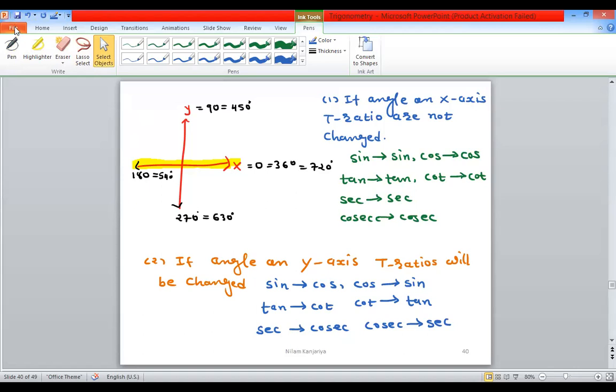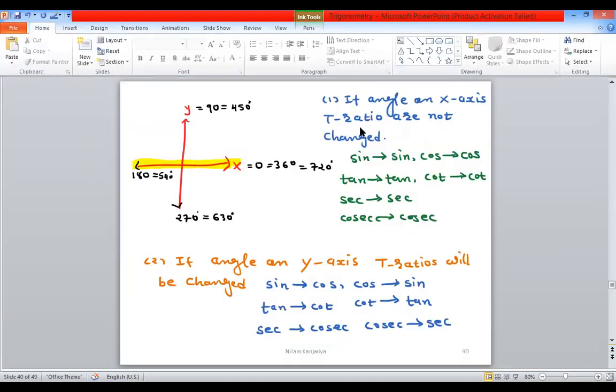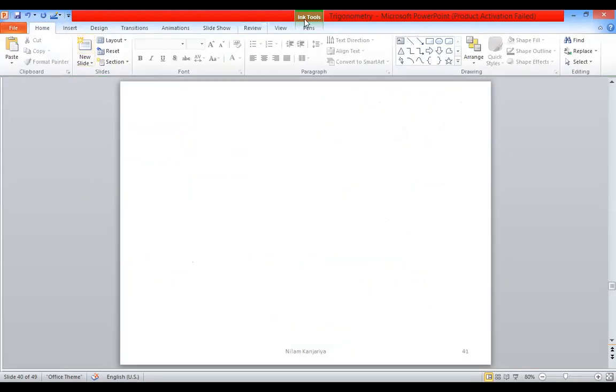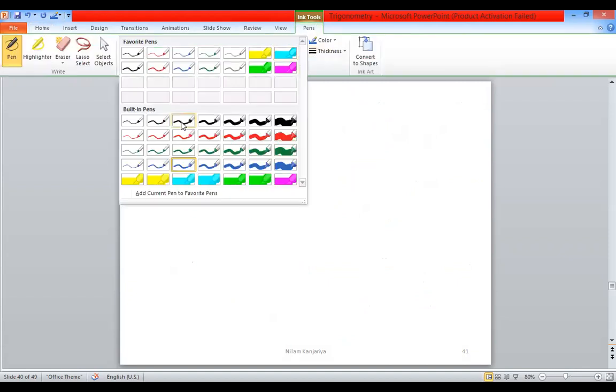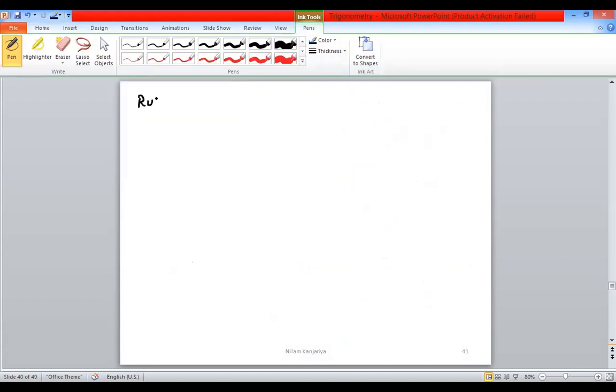So let me give you the rule. The first step is you decide the quadrant.